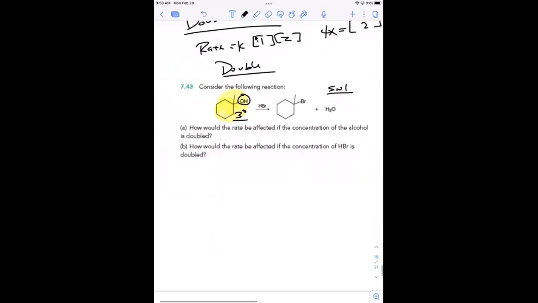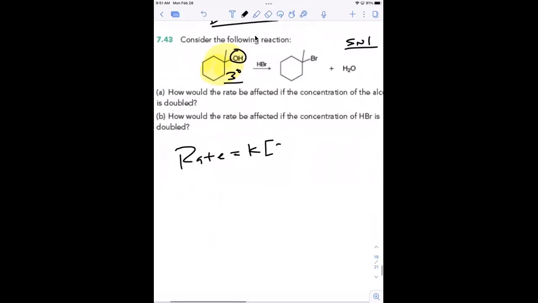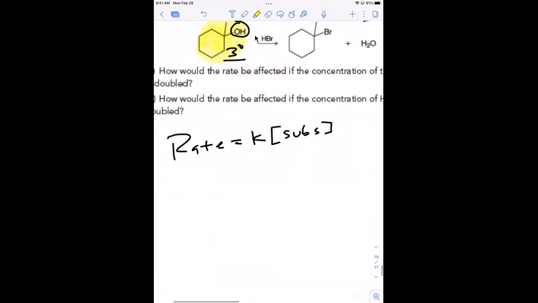So if we know it is SN1, what's the rate law? k times the substrate, and that's it, right? That's what the 1 means in SN1: unimolecular. So what happens if I double the concentration of the alcohol? That's the substrate. It increases by 2.